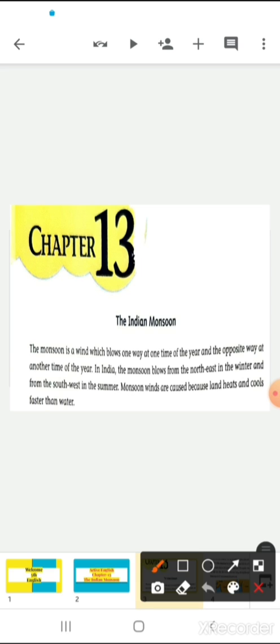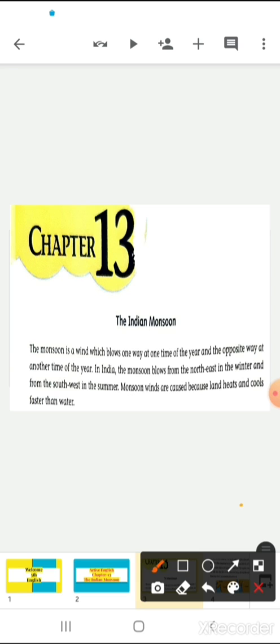The monsoon is a wind which blows one way at one time of the year and the opposite way at another time of the year. In India, the monsoon blows from the northeast in the winter and from the southwest in the summer.